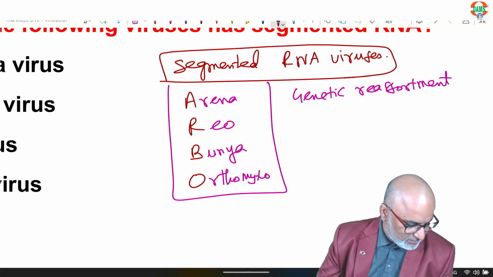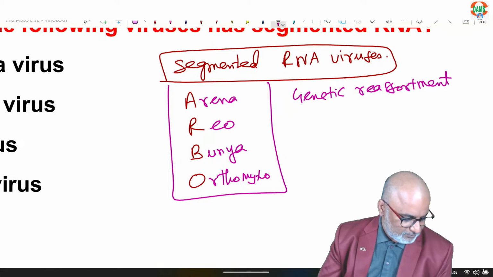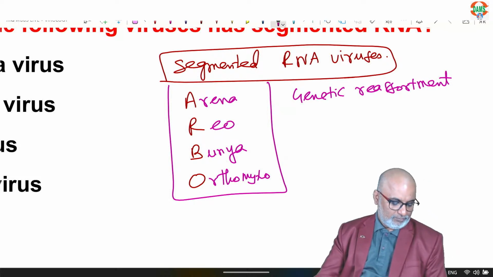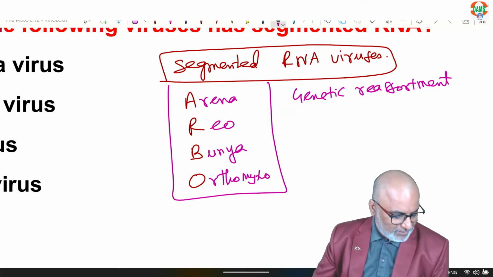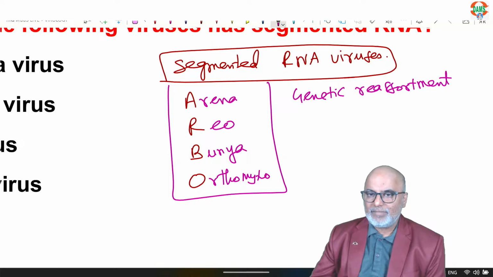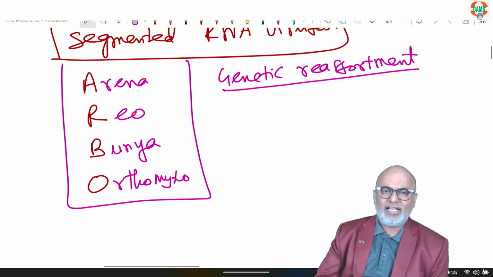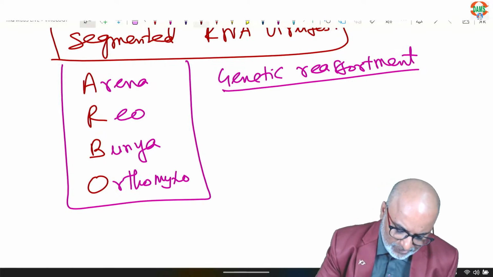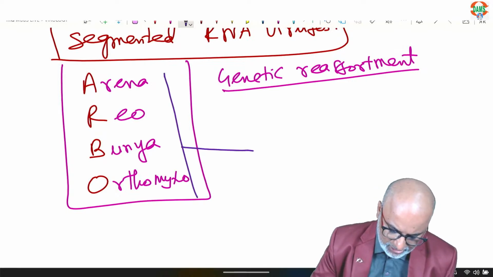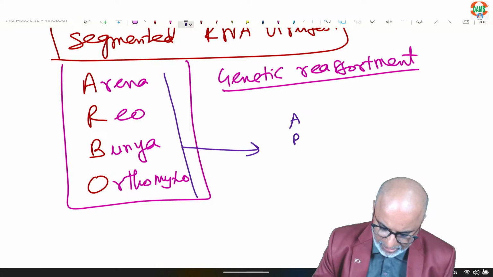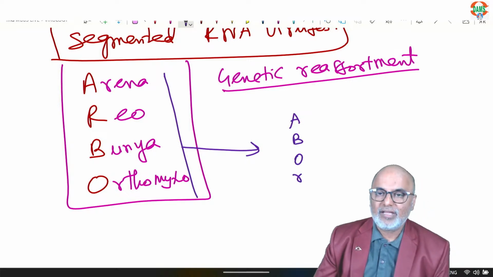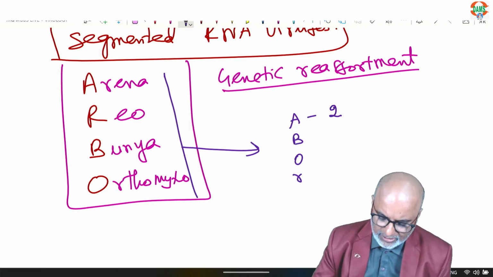Genetic reassortment. Easily they can undergo it. And how many segments are there? I used to tell you to write in alphabetical order: A, B, O, R. Arena, 2 segments.